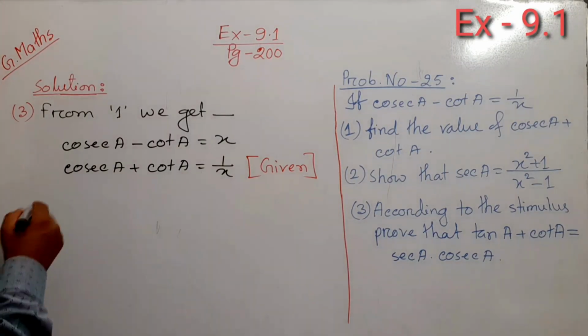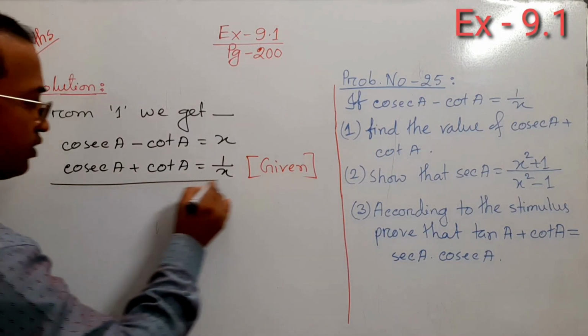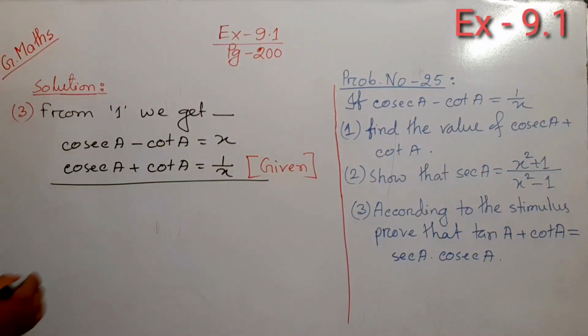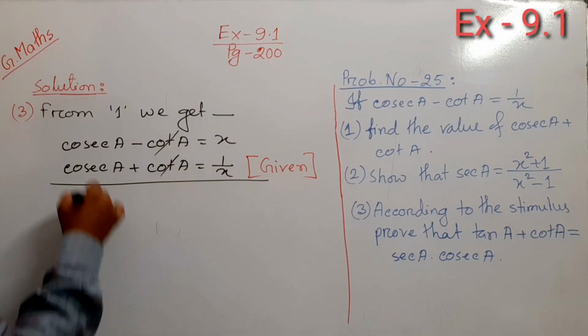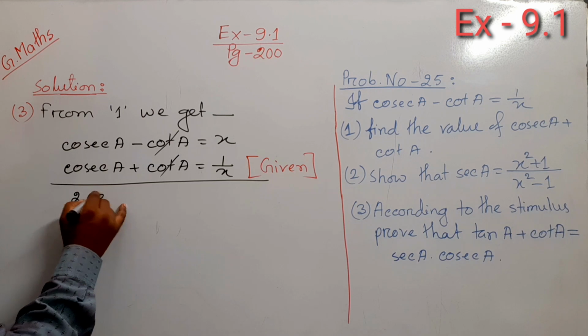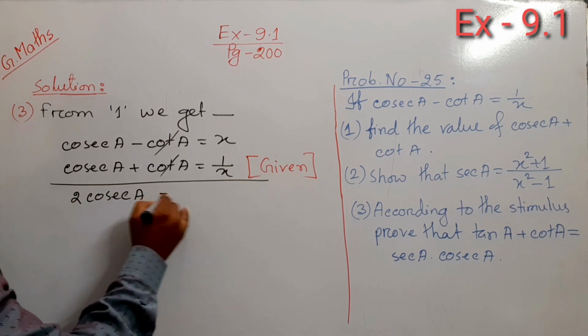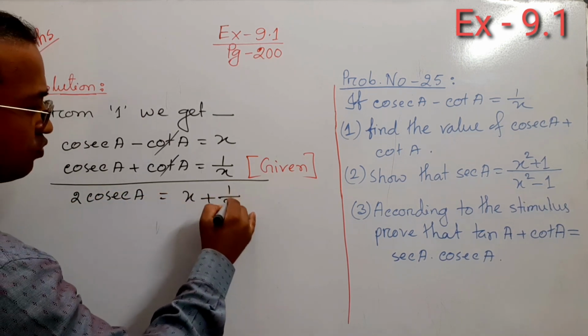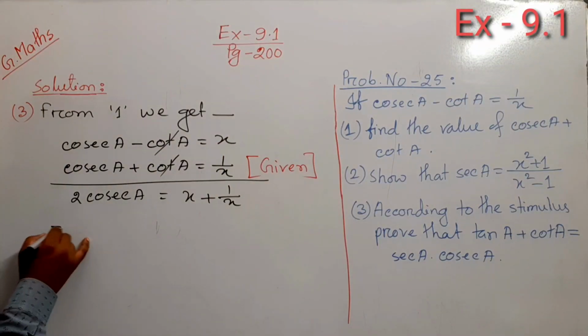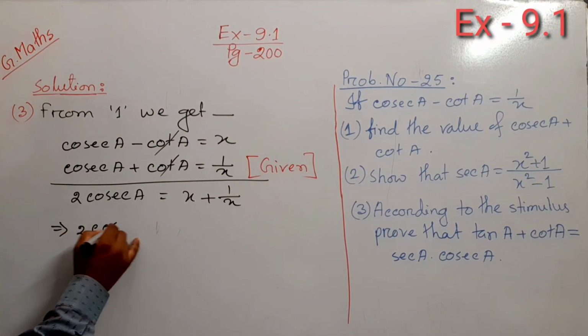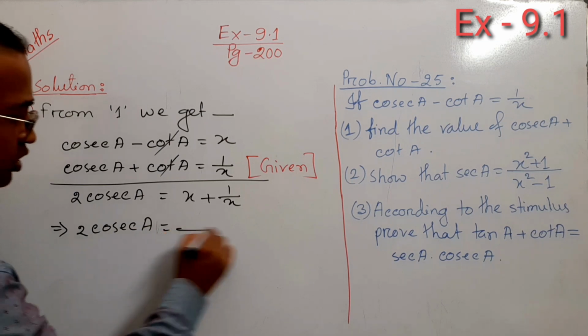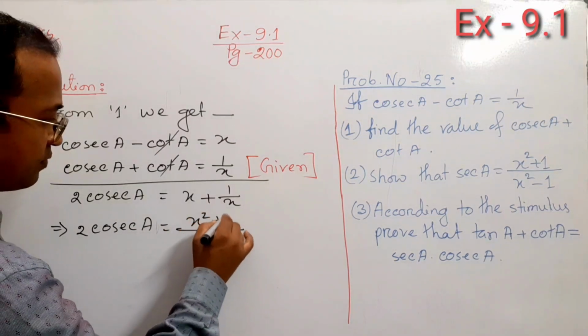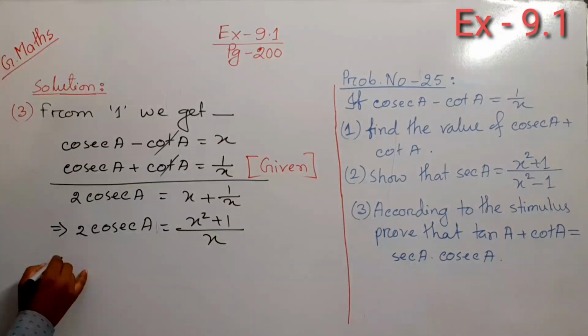Now if we add these two equations, what will it be? The cot a cancels, and we get 2 cosec a equal to x plus 1 by x, that is, 2 cosec a equal to x square plus 1 by x.